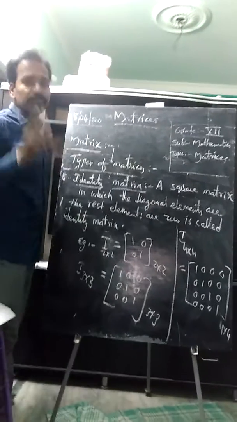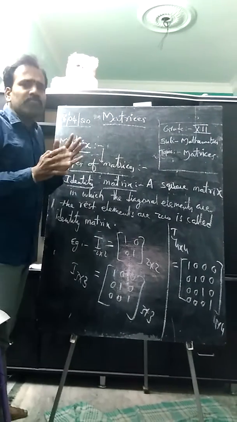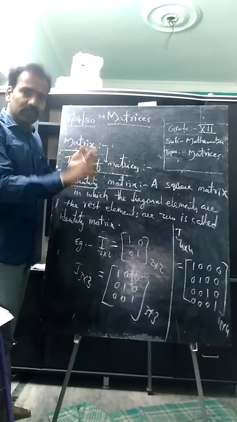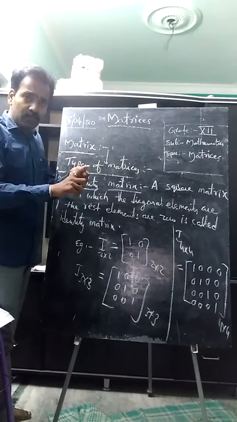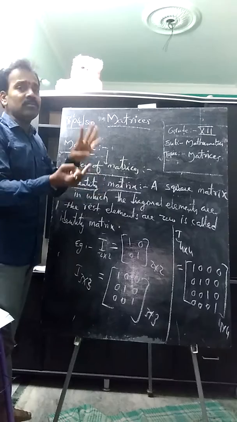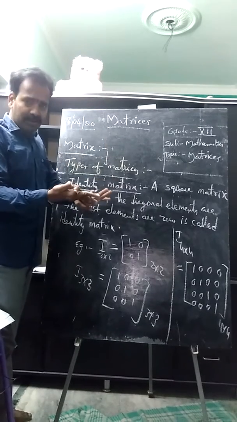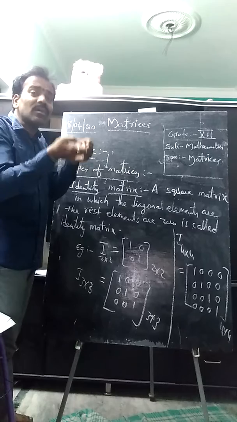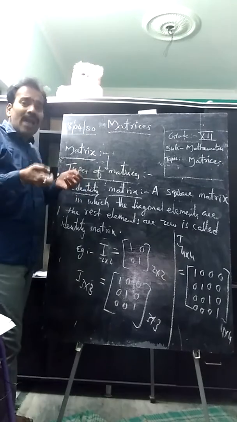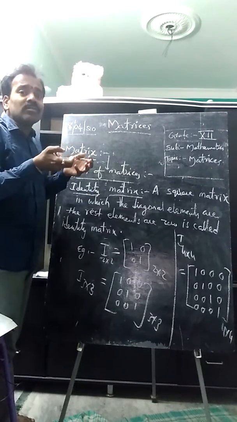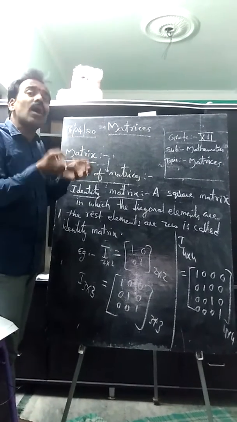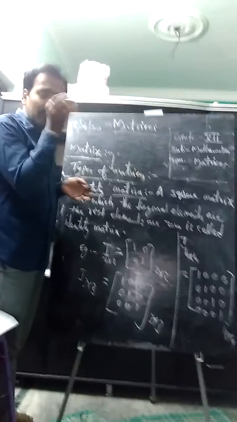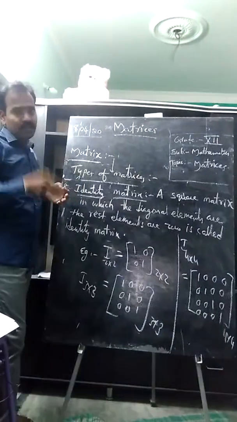So from this you learned about the types of matrices like row matrix, column matrix, zero matrix, square matrix, rectangular matrix, diagonal matrix, scalar matrix, identity matrix. Now you will learn when two matrices are equal, when we can conclude two matrices are equal, or equality of matrices. After that you will learn about operations on matrices.